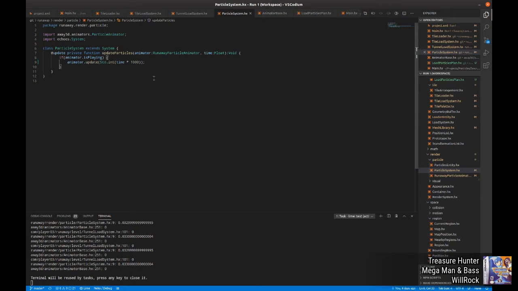So in seconds, each frame is 0.03 seconds, and I divide that by 1,000 for 0.0003 seconds. And then I round that, and so it rounds to 0, and 0 time passes.